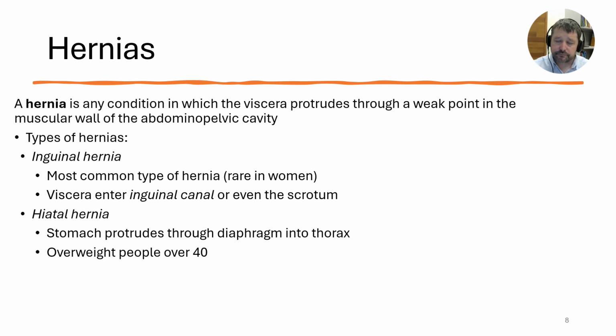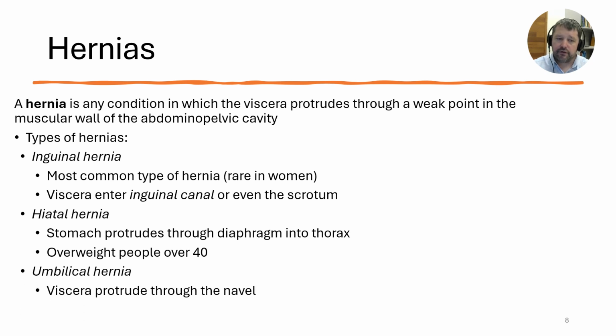Okay. Can be very dangerous. The older people get, the heavier people get, will often increase the likelihood of a hiatal hernia. And then an umbilical hernia also can be the result.